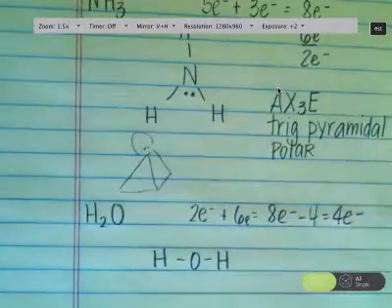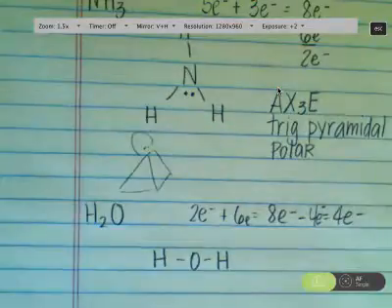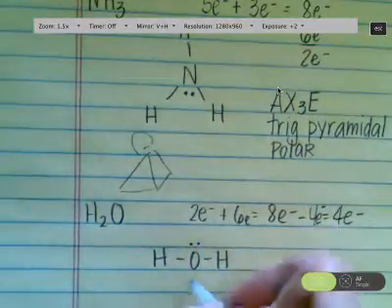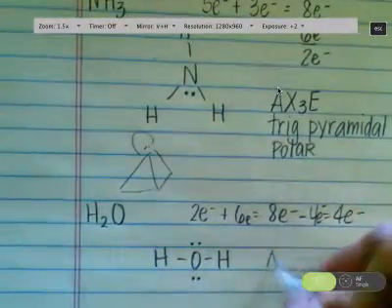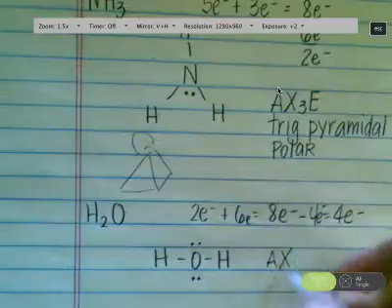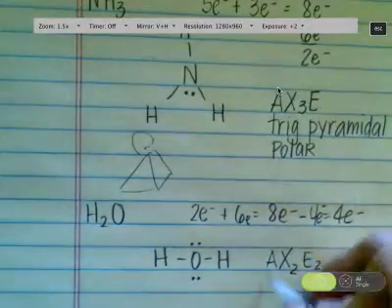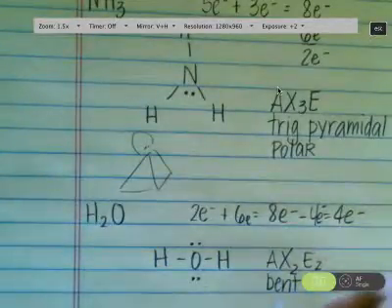Where do they go? What's the maximum hydrogen can have? 2. So it goes on the oxygen. You see why we're doing this, right? Central atom, yes. AX2E2, its shape is bent, and anything that's bent is always what? Polar.